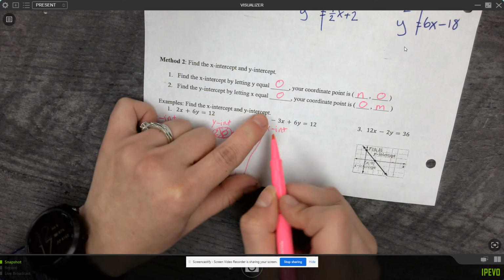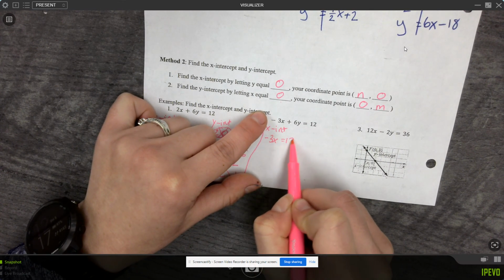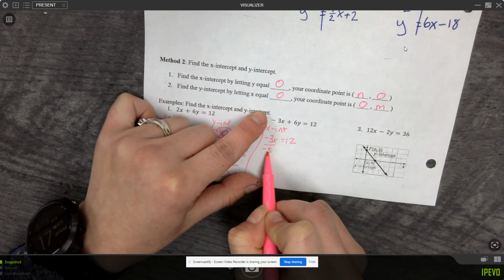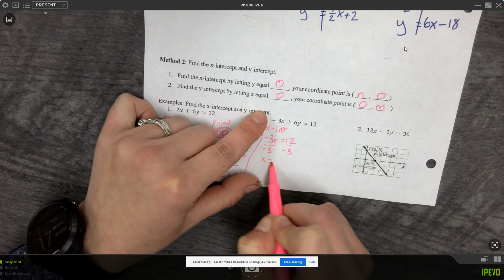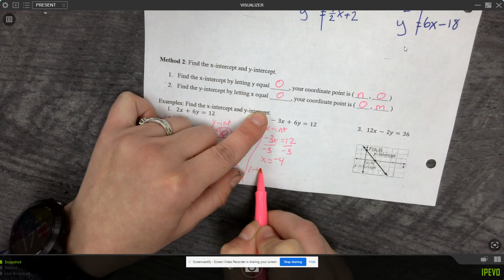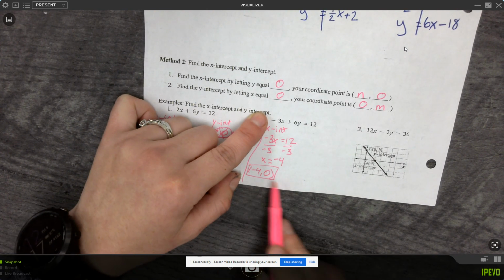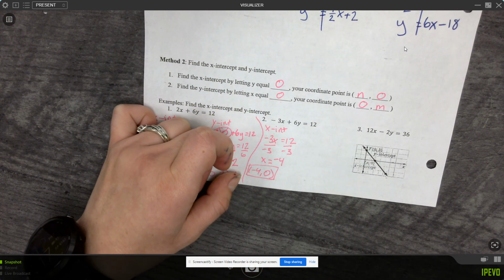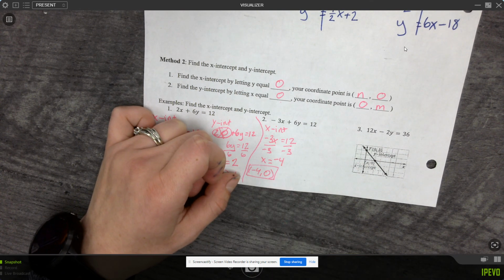So to find the x-intercept, you need that negative 3x, and you're just going to set it equal to that constant, and then divide by your coefficient of negative 3. So x equals 12 divided by negative 3 is negative 4. Your x-intercept is negative 4, 0, because your y is 0 and you found x is negative 4.